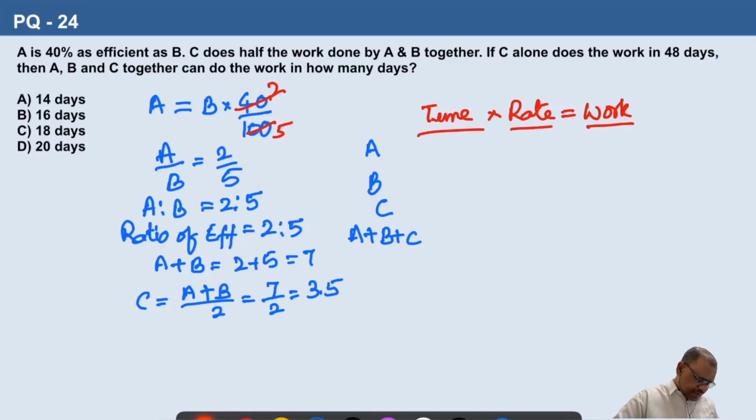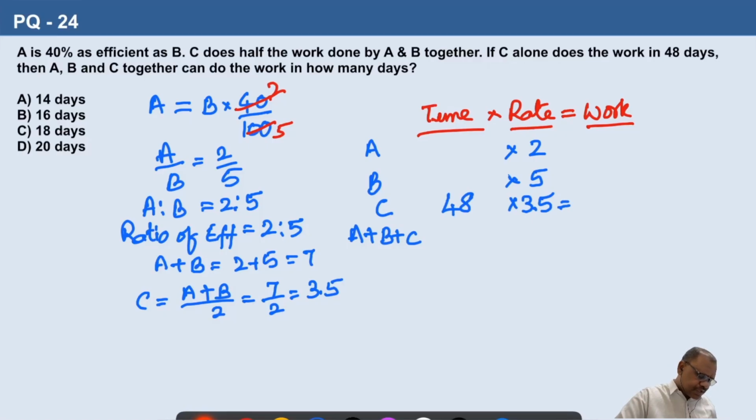So efficiencies we will write down. Efficiency of A is 2, B is 5, C is 3.5. C alone can do the work in 48 days. Time of C is 48.